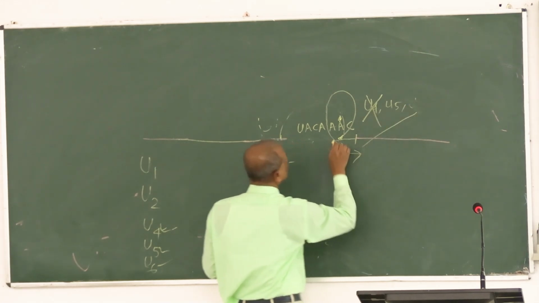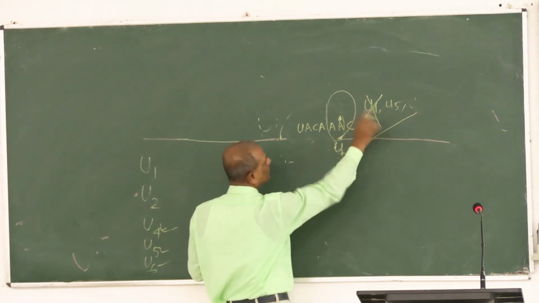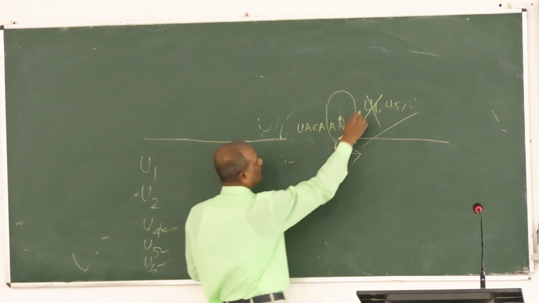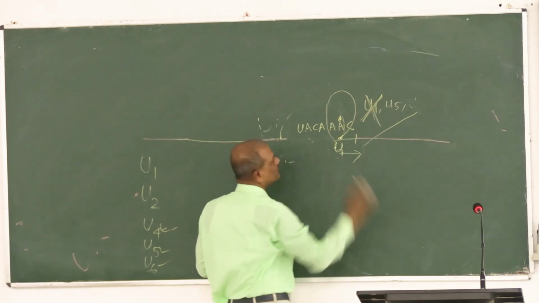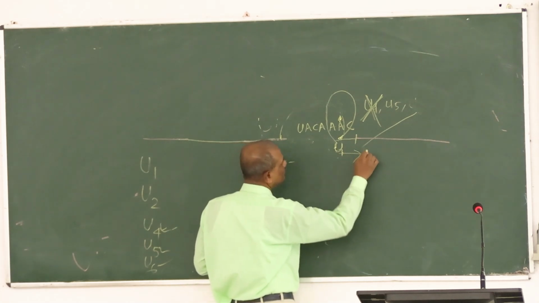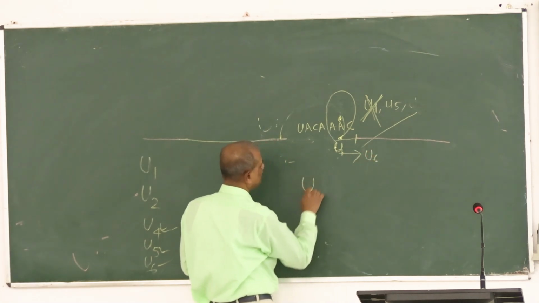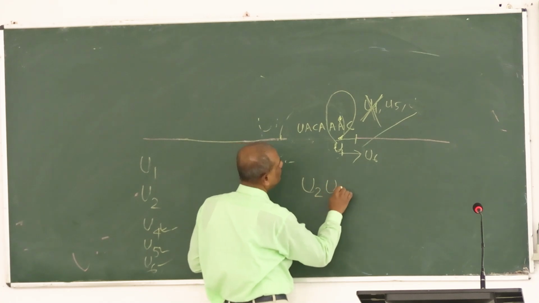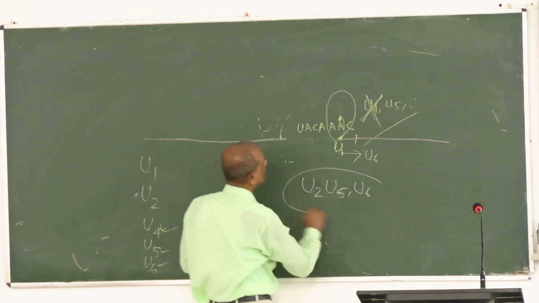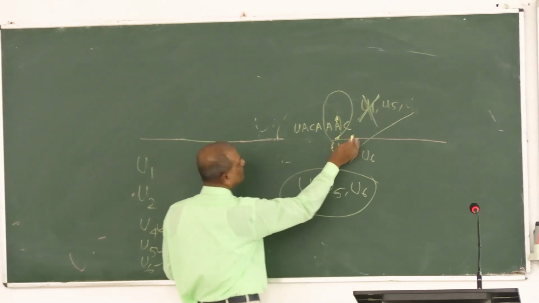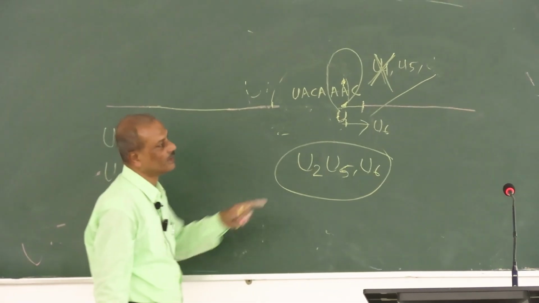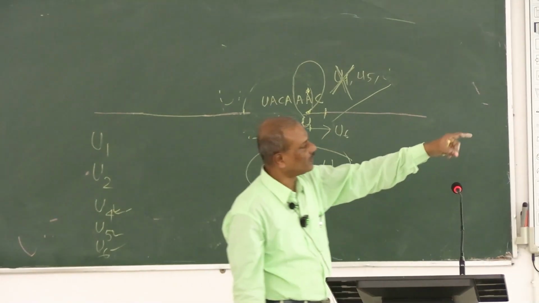First U1, U2, U4 and U5 form an unstable complex. After that, U4 is clipped. Then in place of U1, you get U6. So now the structure is U2, U4, U5 and U6. This structure causes removal of the intron from this part. That is what is called the spliceosome.